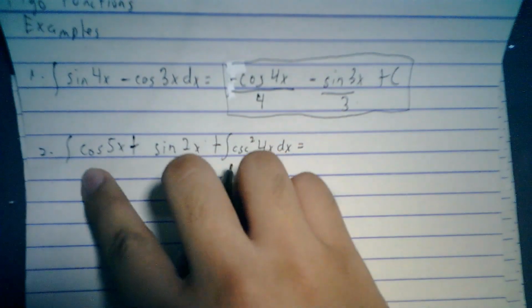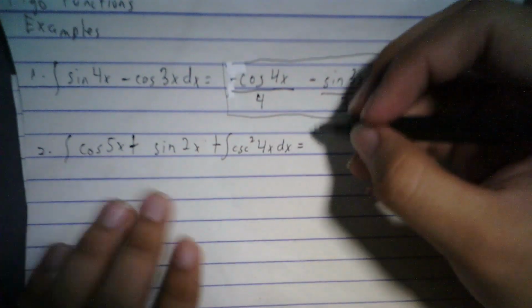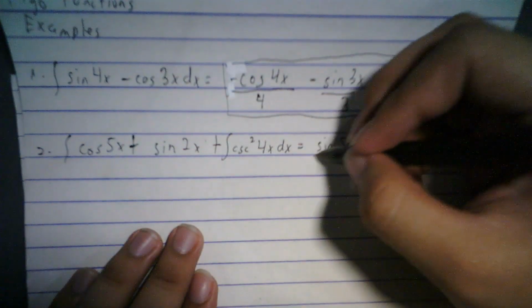The integral of cosine is just sine, so sine 5x over 5.